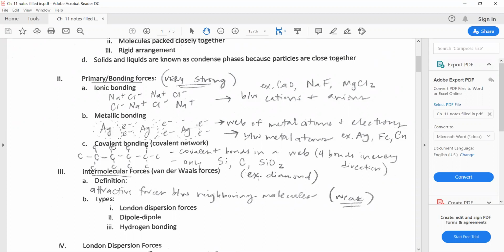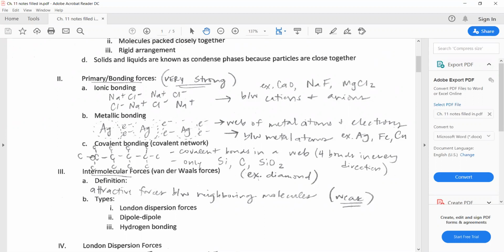And then the third one is covalent bonding, which is covalent network. This is a really specific scenario for covalent bonding. It's when all of the atoms in a solid are directly and covalently bonded to each other. So it's a web of covalent bonds. Like all these carbons, they have 4 covalent bonds in every direction.